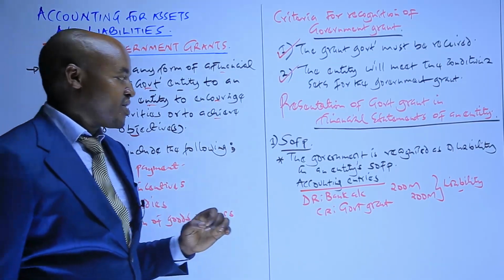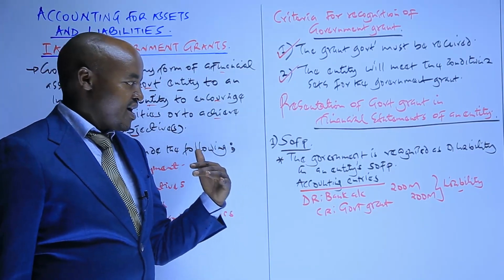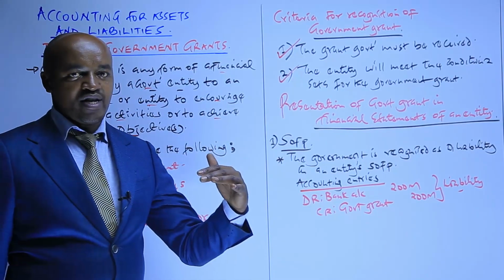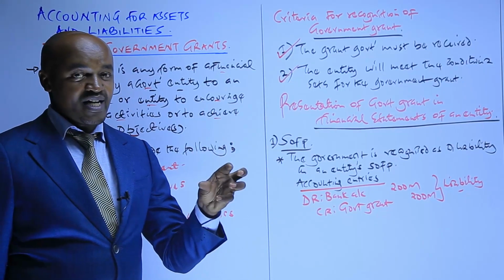Once it is recognized as a liability, this amount will have to be amortized over the period of time the company expects to complete that project.